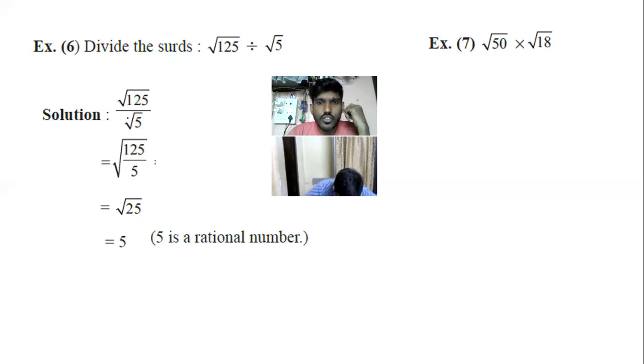Yes, did you finish? Why are you taking so much time? Multiplication is easy, you just have to multiply 50 into 18.